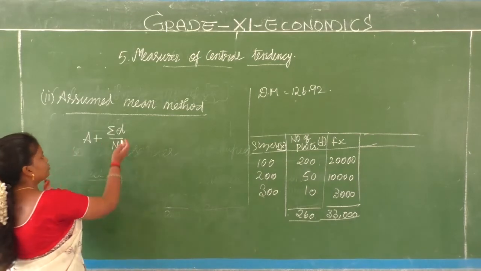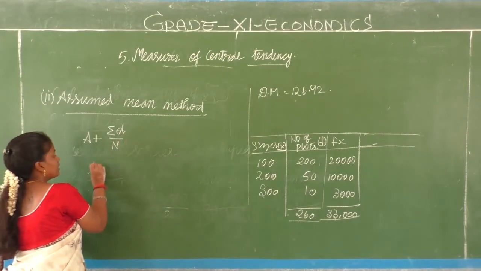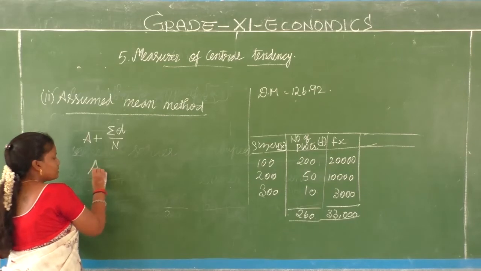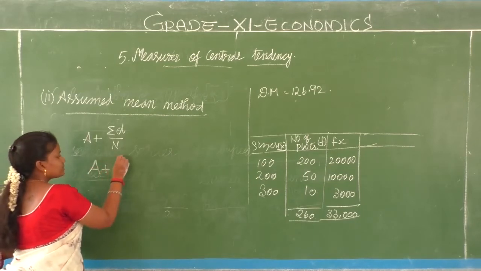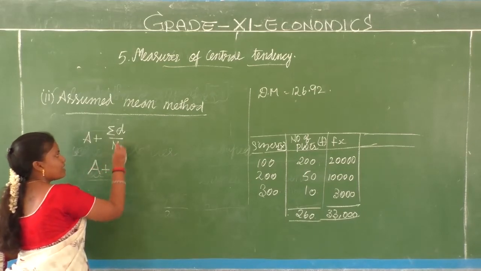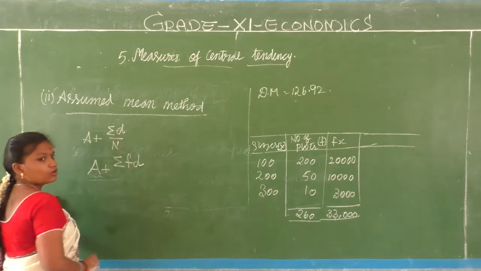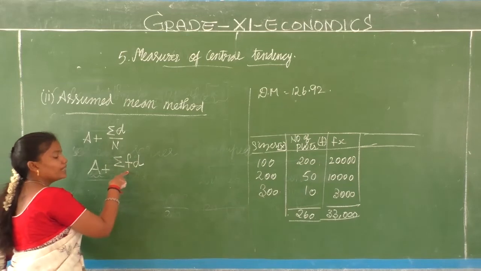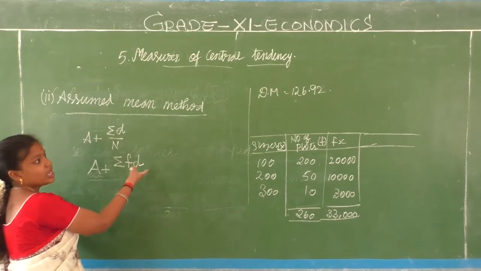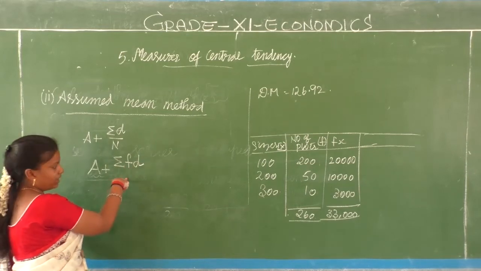It is going to change as a plus sigma. Instead of d, what are you going to have? Another value called fd. That is, you are going to multiply the deviations with frequencies.